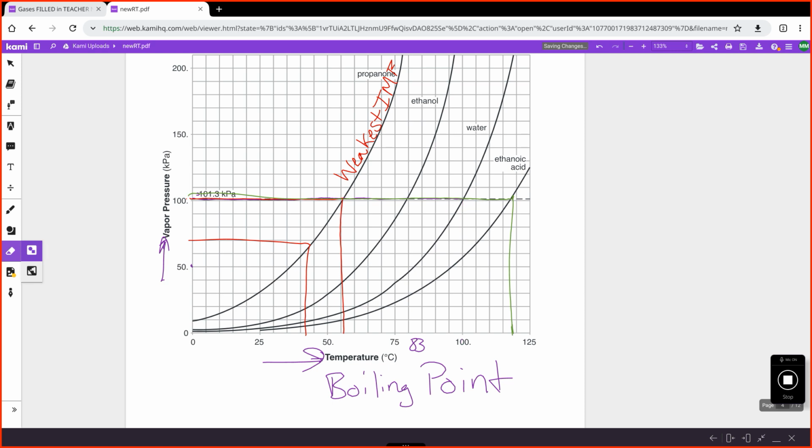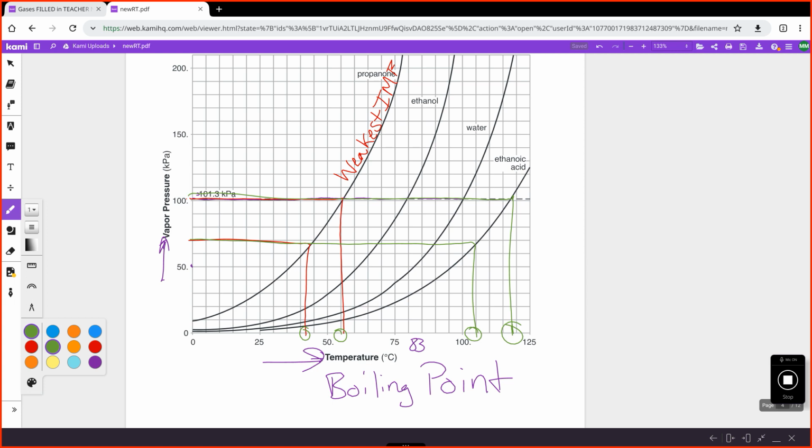Regardless of which pressure we're talking about, propanone is always going to have the lowest boiling point at any given vapor pressure. And the relationship for intermolecular forces was: the weaker the intermolecular force, the lower the boiling point.